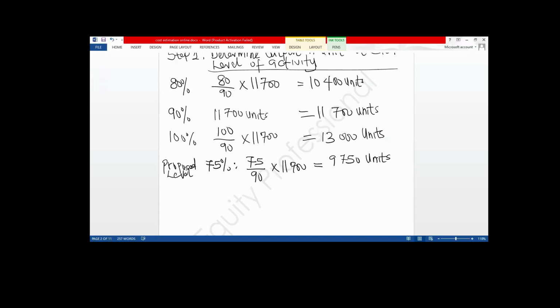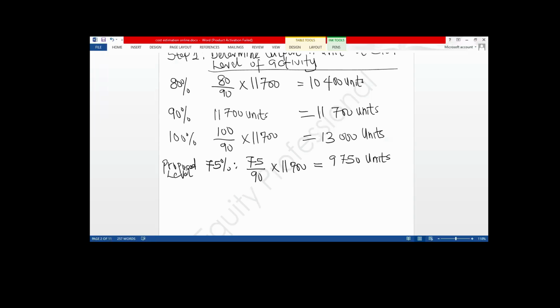Now your step number 2 is to test for cost behavior. You recall at our last class, we explained that the knowledge of cost behavior is necessary for cost estimation.